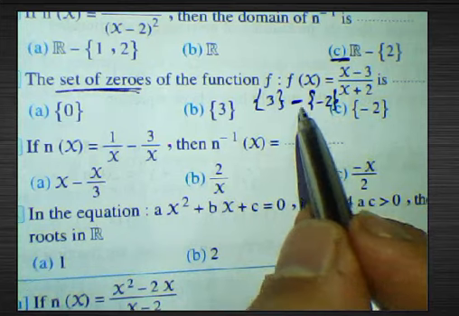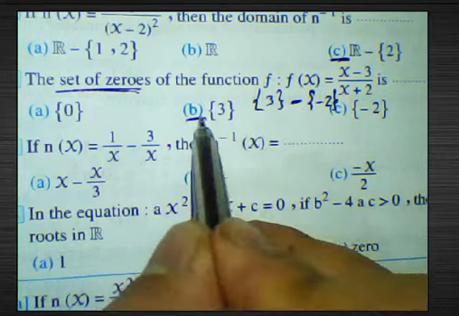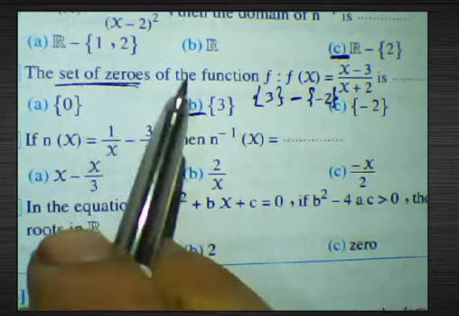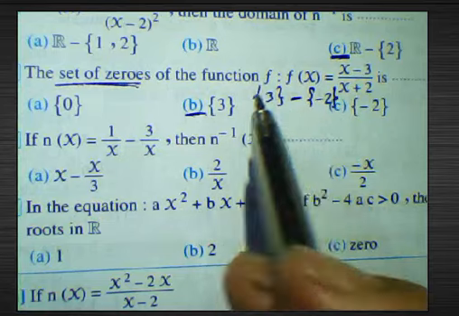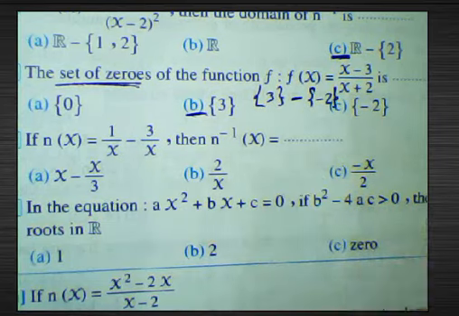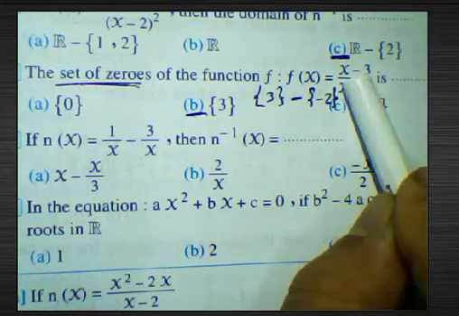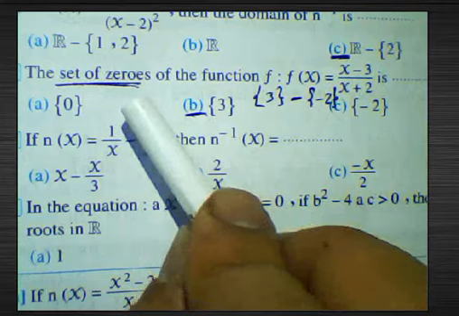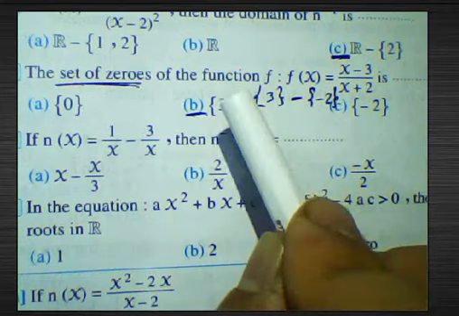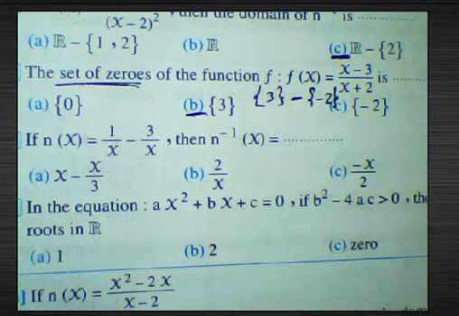Set of 3 excluding set of -2 will be the set of 3 only. So what's the meaning of set of zeros? It means this function will be equal 0 if we put x equal 3. So the set of zeros of the function is the set of 3.